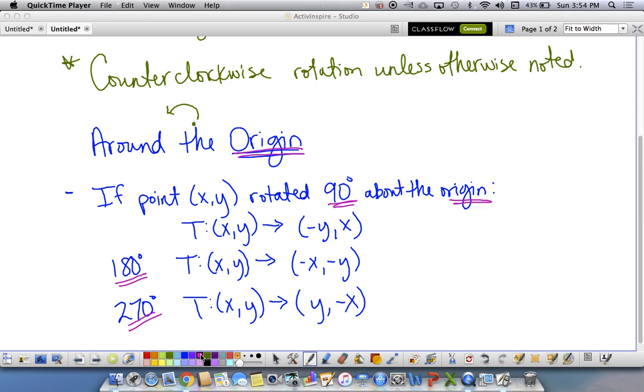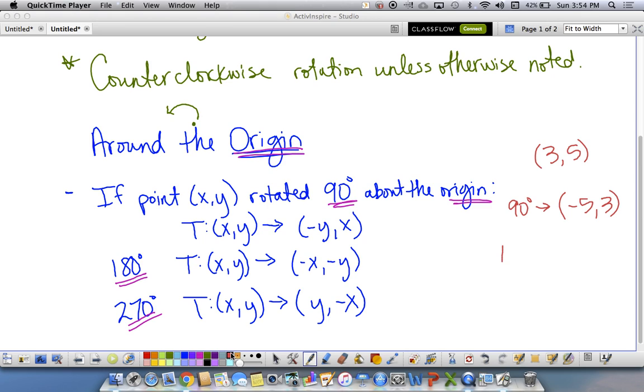So I'm just going to do a little quick example. If we have the point (3, 5) and we want to go 90 degrees about the origin, it would simply be (negative 5, 3). That would be the new point.